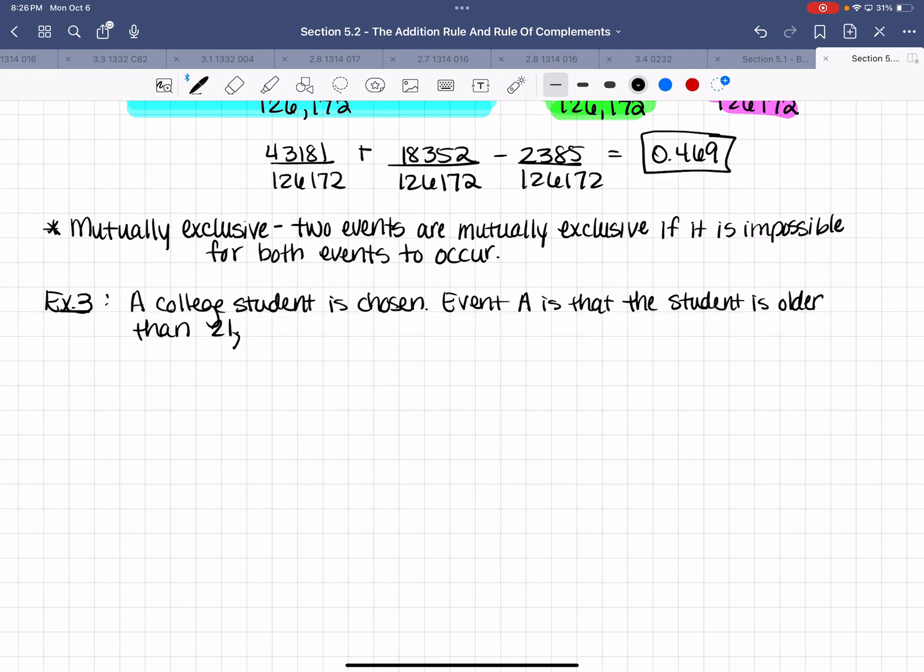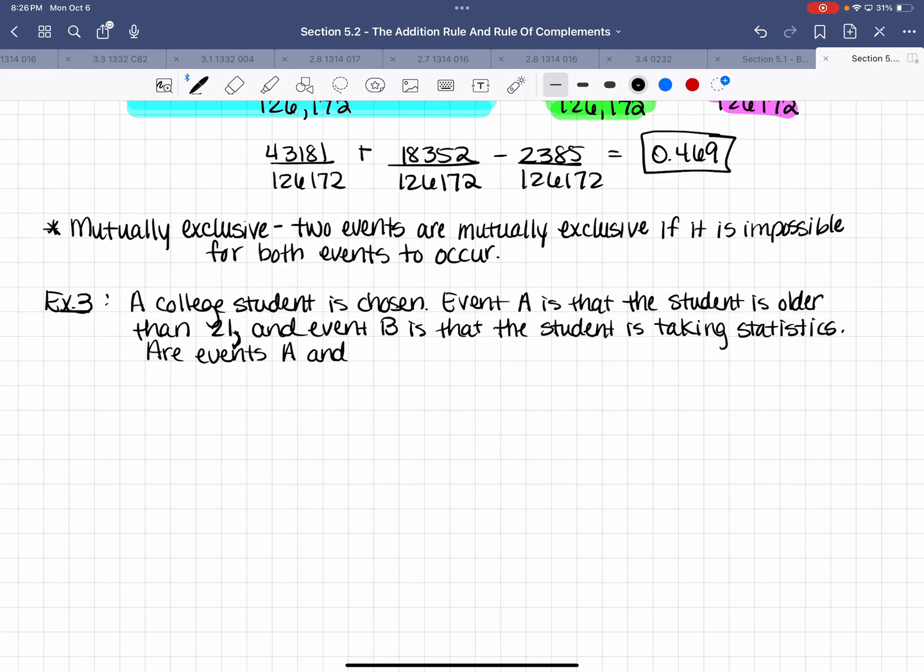Okay? And event B is that the student is taking statistics. Are events A and B mutually exclusive?